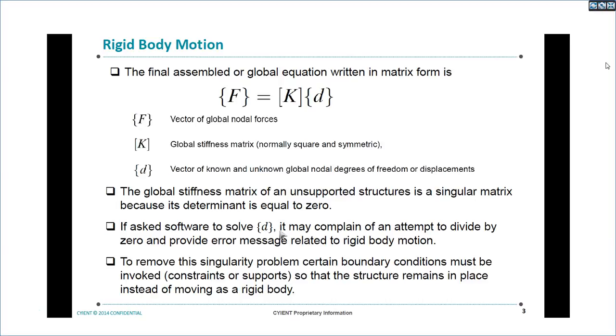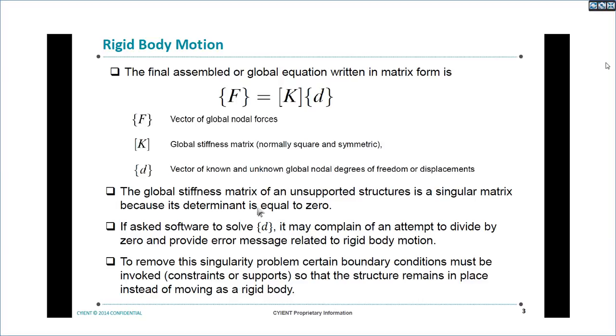Because its determinant is equal to 0. In our initial sessions we discussed this: when there are no constraints on the geometry, the stiffness matrix will become singular, and the determinant will be equal to 0.